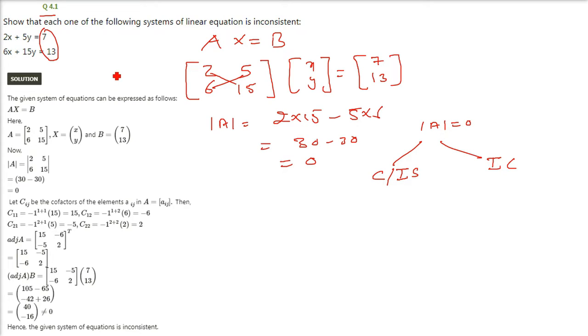That is, if they are the same line, or if the lines are parallel, they will never intersect. Then the next step is finding the adjoint of A multiplied by B.